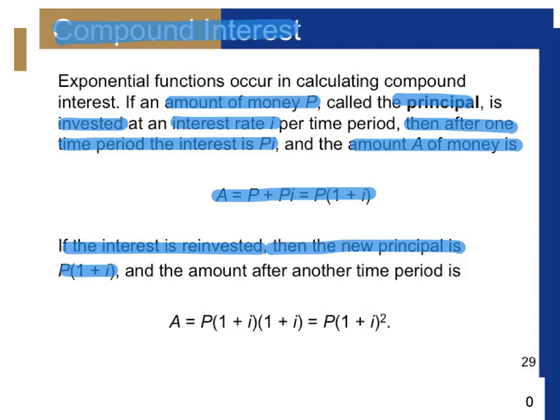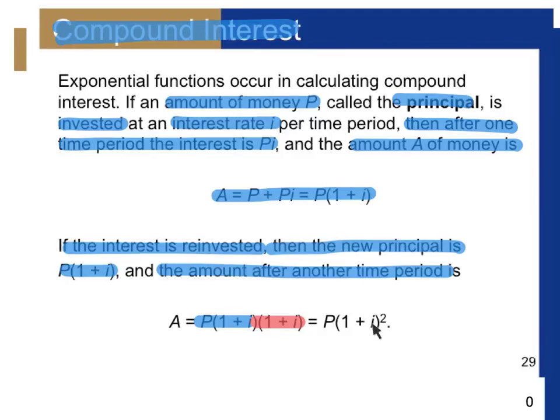And then the amount after another time period is that new principal, P times 1 plus I, times another 1 plus I. So we take the principal from the first year and invest it again: this thing times I gives the interest, and this thing times 1 gives the money back, so the money plus the interest. Effectively, we're multiplying by 1 plus I twice.